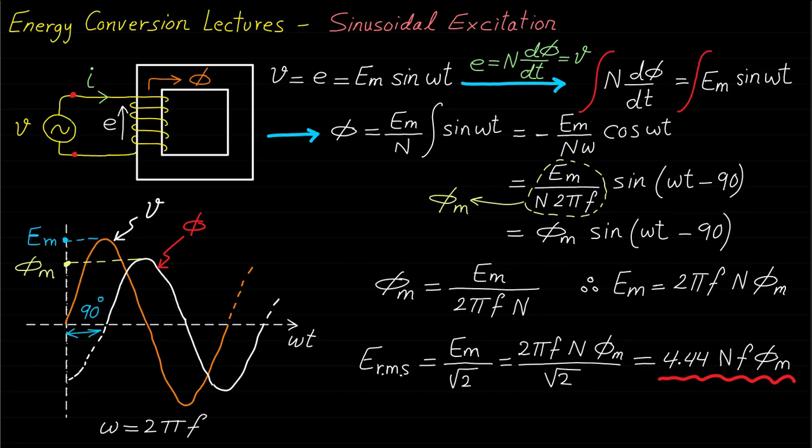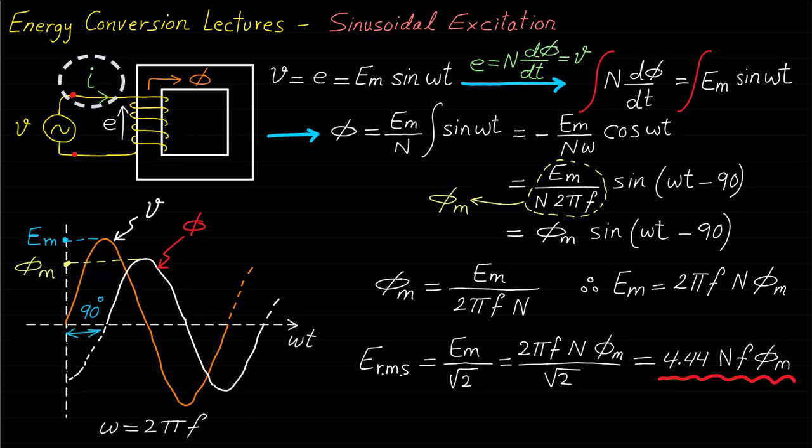At this point, we have identified the nature and the relationship of the magnetic field and the induced voltage of the magnetic circuit. In other words, we confirmed both the magnetic field and the induced voltage are changing sinusoidally with the time. So now we need to study and understand the nature of the excitation current waveform that produces the magnetic field.